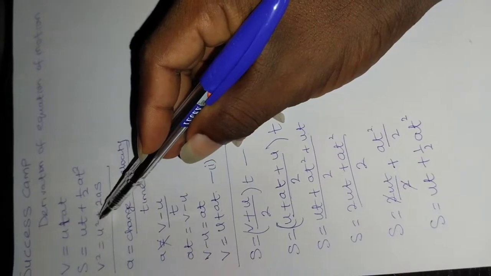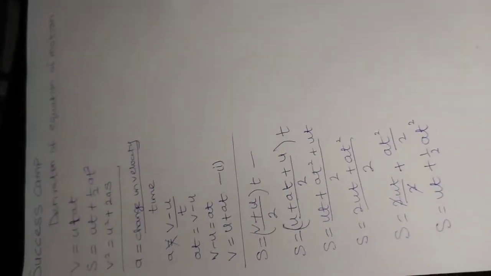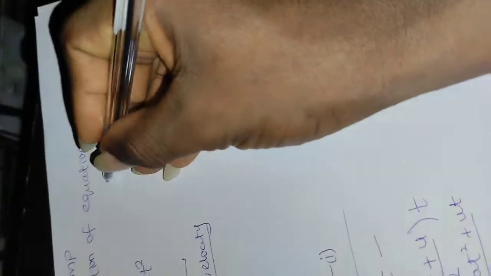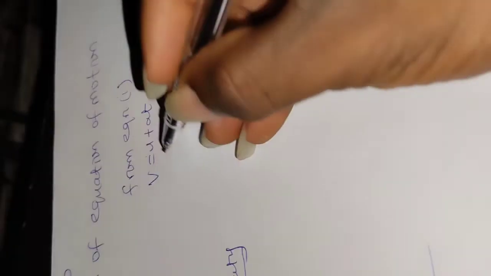Moving to the last equation, which is v squared equals u squared plus 2as. In order for us to do this, we will move back to equation 1. From equation 1, we can say v equals u plus at.